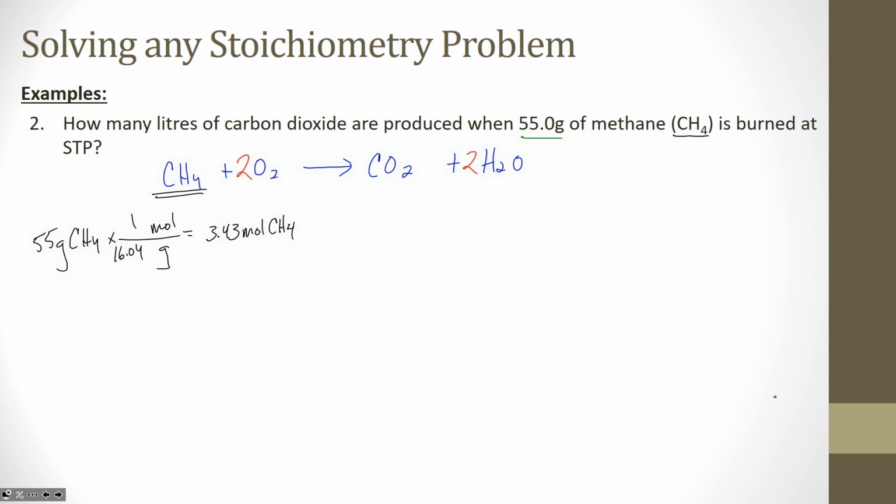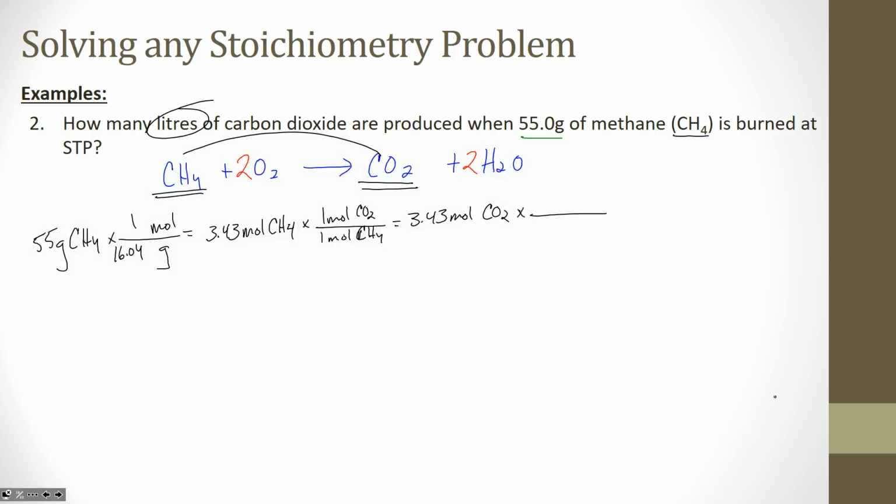Now we have this, we're trying to find this. So the ratio, 1 to 1. So 1 mole of CO2 is made every time we use 1 mole of methane. So 3.43 moles of CO2 are going to be made. Now we're trying to find the liters of carbon dioxide.